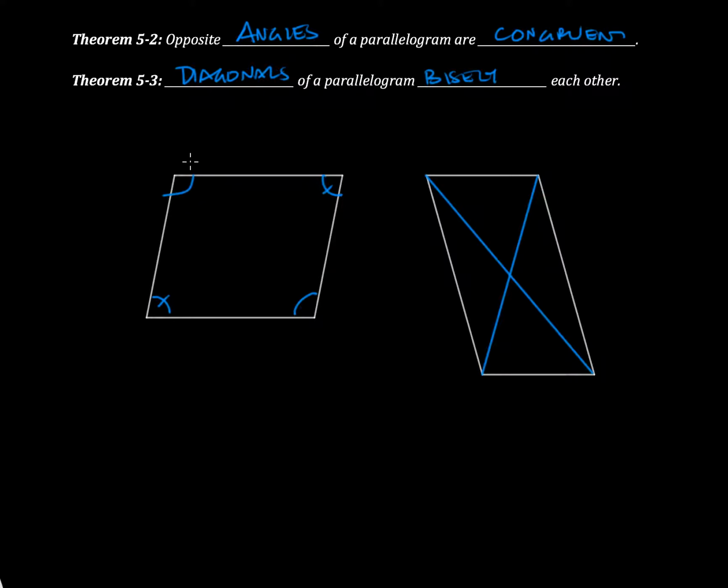What we now know is, let's put some labels in here. If we call this parallelogram ABCD, and this point right here where the diagonals intersect is E, we would know that AE is going to be congruent to CE, and that BE would be congruent to DE.